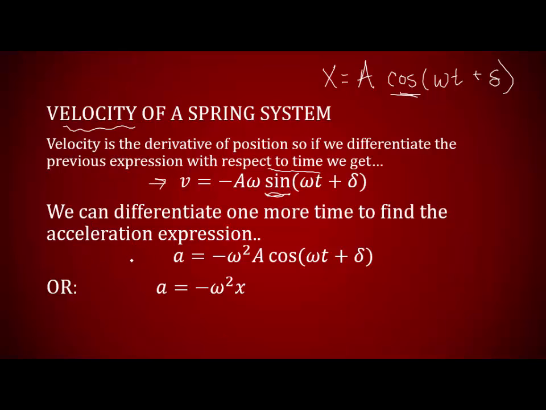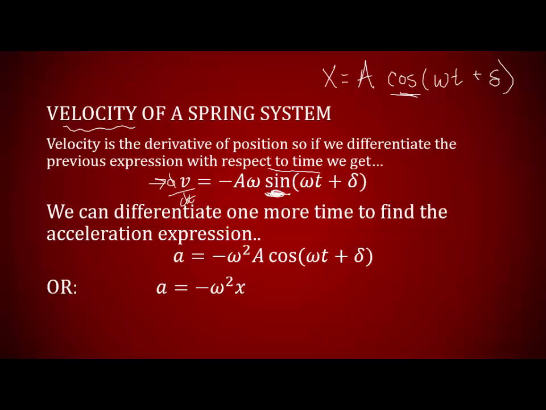And then we can do that one more time to figure out our acceleration function. Take the derivative of this, dv/dt, to find acceleration. Again, same thing. We're going to take the derivative of our sine function, which is cosine, and this is our result from that. Because again, you take the derivative of the argument here, and that becomes omega.